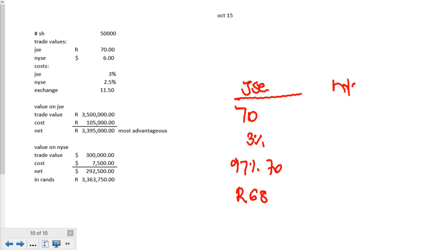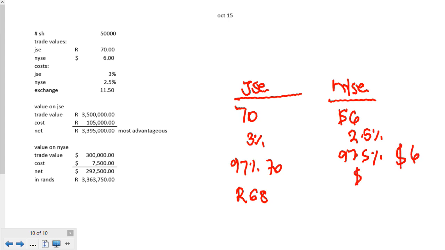On the New York Stock Exchange, the price is $6. And they pay 2.5%. So I'm looking at 97.5% of $6. So what does that give me in dollars? 5.85. Okay, and then I have to multiply by 11 Rand 50 to the dollar to get it into rands.